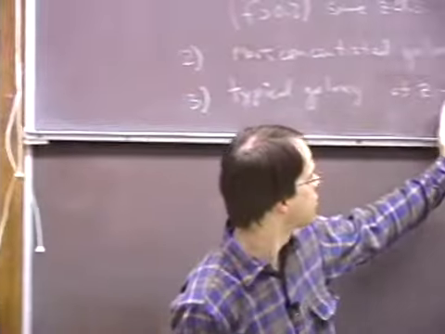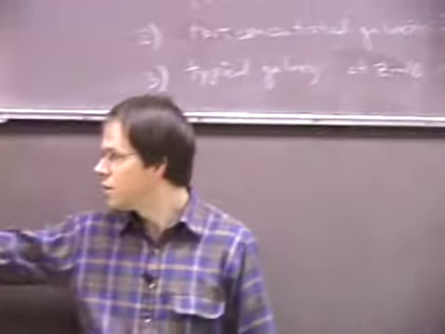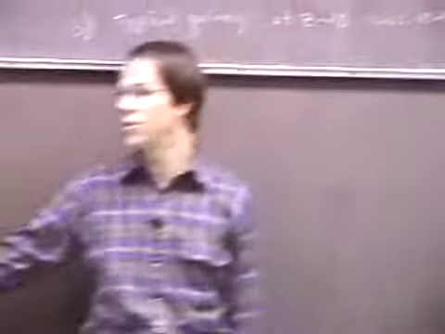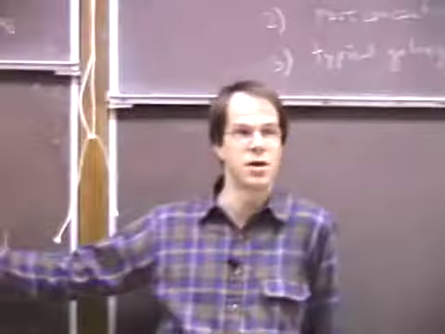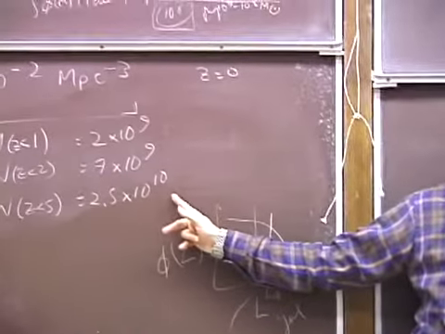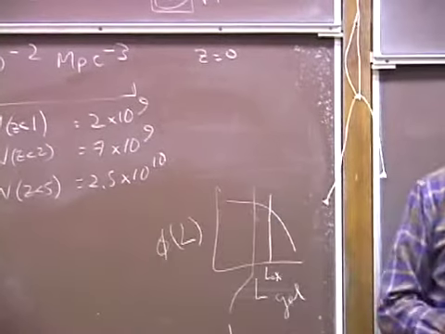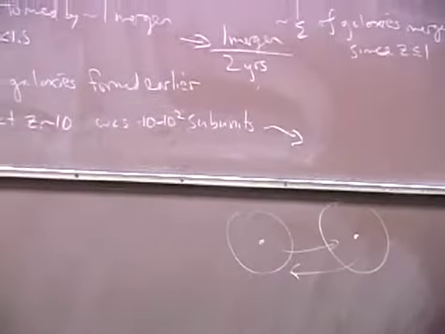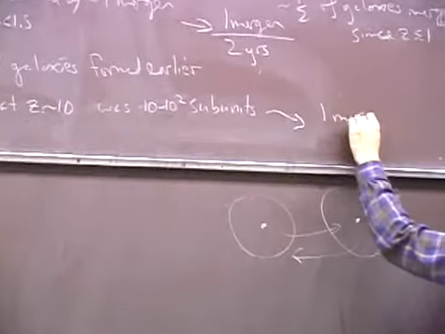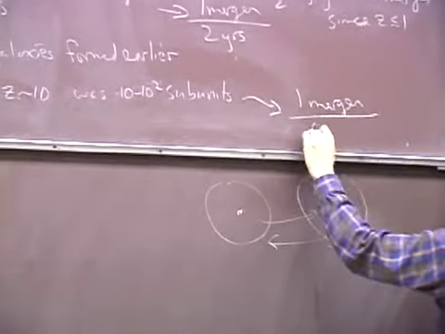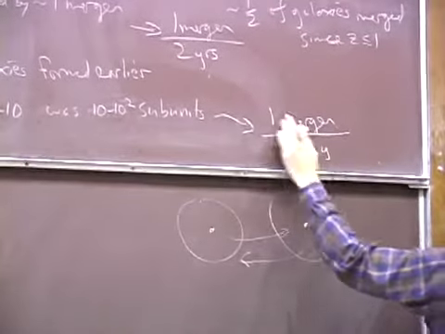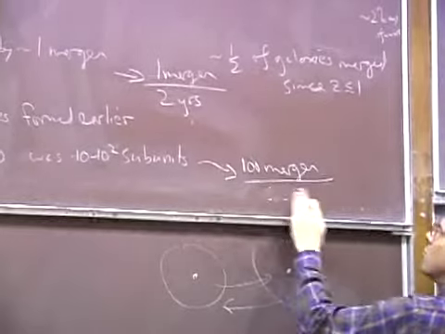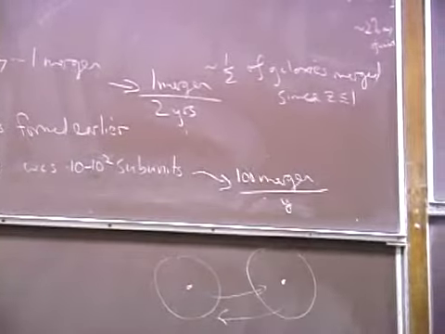So that means that out to a redshift of 10, if each one of these was actually 10 or 100 subunits, then we're talking something like 10 to the 12th subunits which are merging in the age of the universe. So if we could see out to a redshift of 10 in some way, we're talking something like one merger per year, or 100 mergers per year of these subunits.